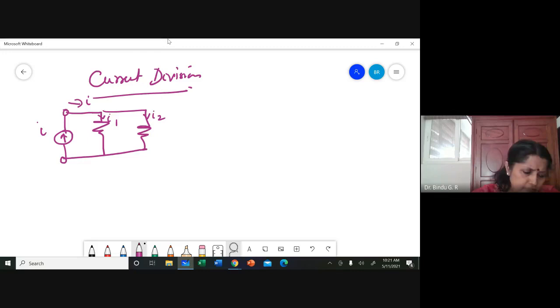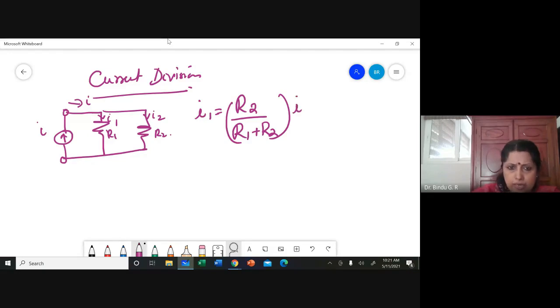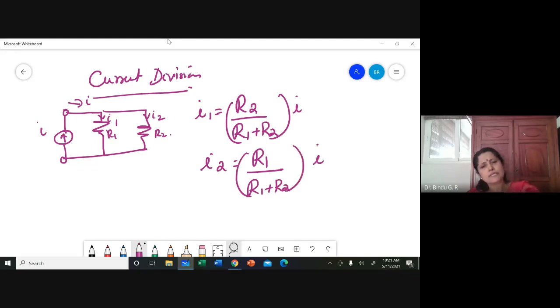This is R1, R2. I1, this is left to you, you can find out. I1 is equal to R2 by R1 plus R2 into I, and I2 is equal to R1 by R1 plus R2 into I. By substituting the relevant equations, you will get this.